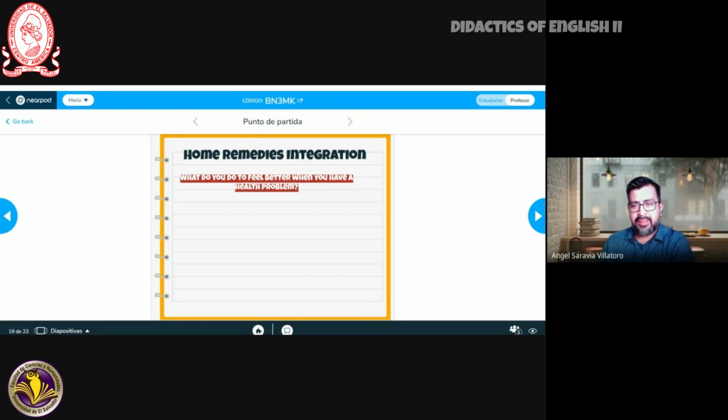Or what do you do? What's in your case? What do you do when you have something happening? For example, if you have a headache, if you have an injury, remember that an injury is something that happens to your body. Maybe you fall down, and what do you do? If you have a sore throat, if you have a toothache, if you have a stomachache.